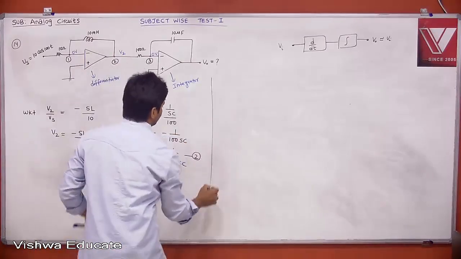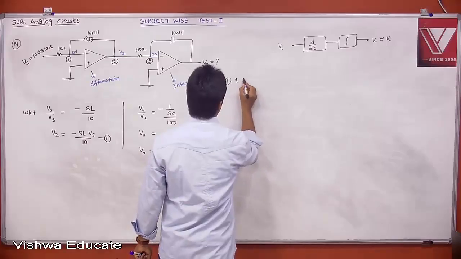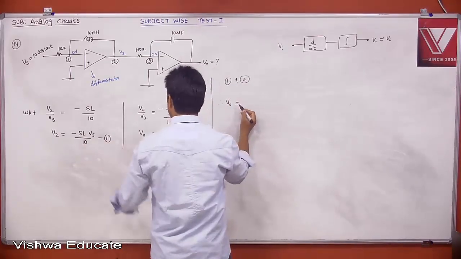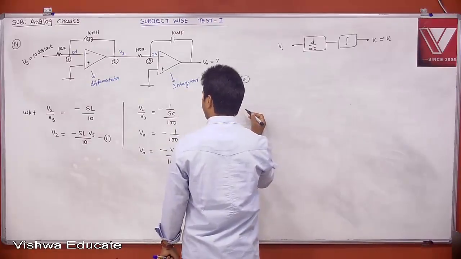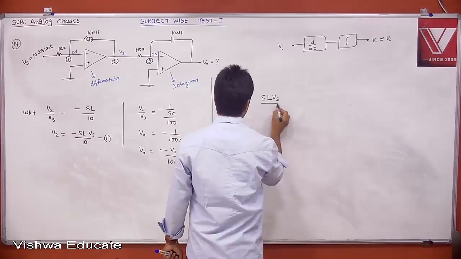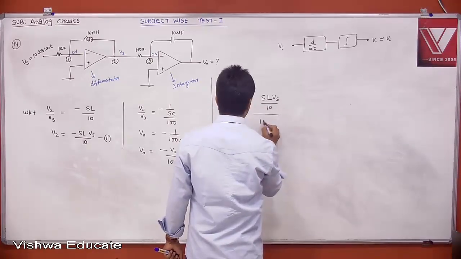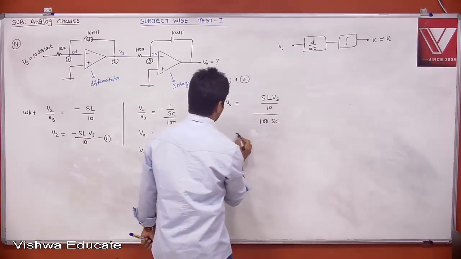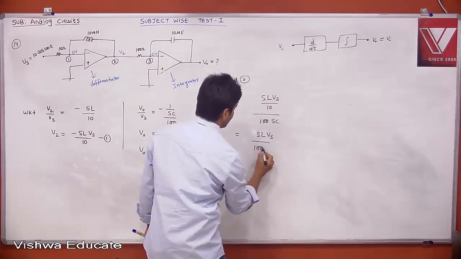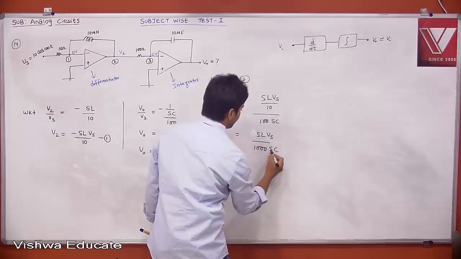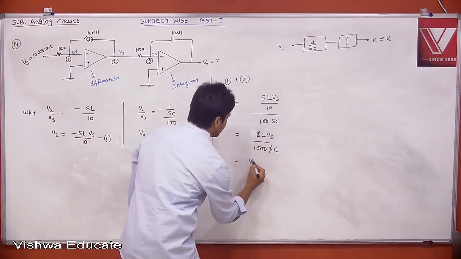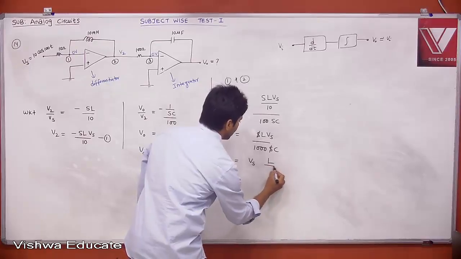From 1 and 2, substitute the V2 value: minus into minus, plus, V2 is S into L into Vs divided by 10, divided by 100 into SC. That gives S into L into Vs divided by 1000 S into C. S will be cancelled, then it is Vs into L by 1000 C.